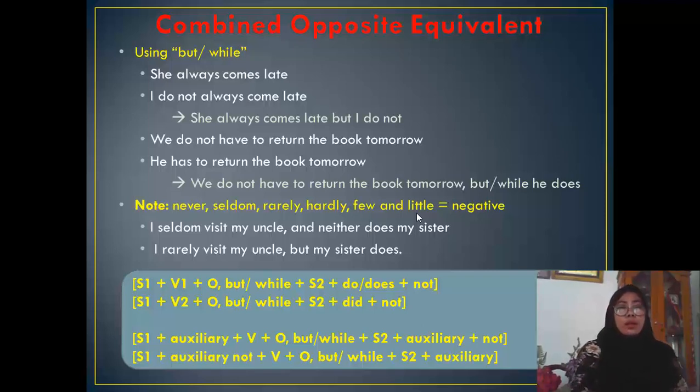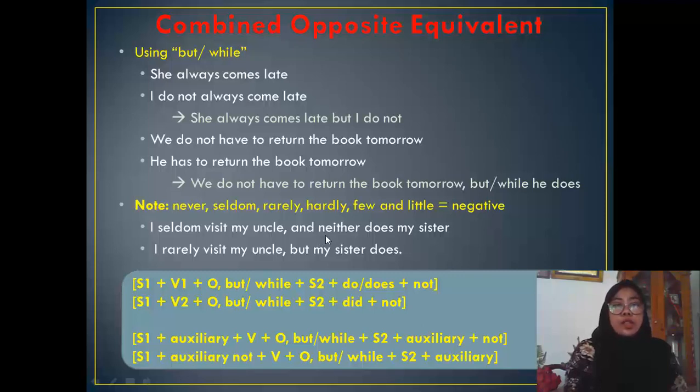Why? Miss, in this sentence there is no not, so is it positive? You are wrong if you say that. This is a negative sentence because of the use of seldom. As I said, if you see and look at these words, the sentence contains a negative one, although in that sentence there is no word not.